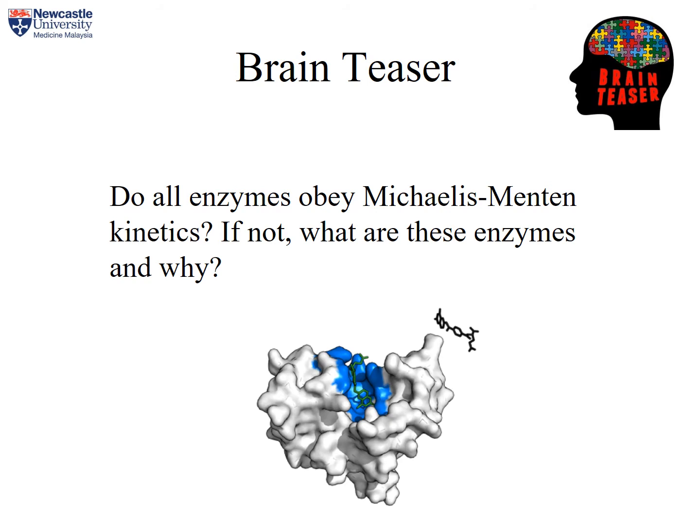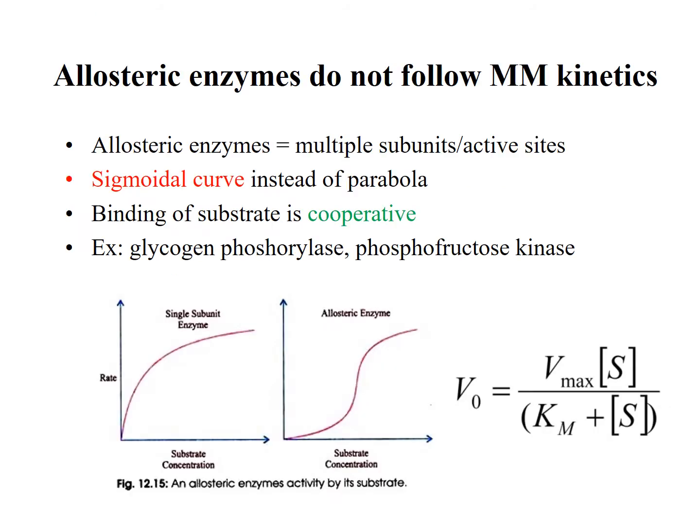through the answer. The reason why allosteric enzymes do not follow Michaelis-Menten kinetics is that if you look at their activity profile, allosteric enzymes show a sigmoidal curve rather than the classical hyperbolic curve displayed by Michaelis-Menten kinetics. Why is it so?